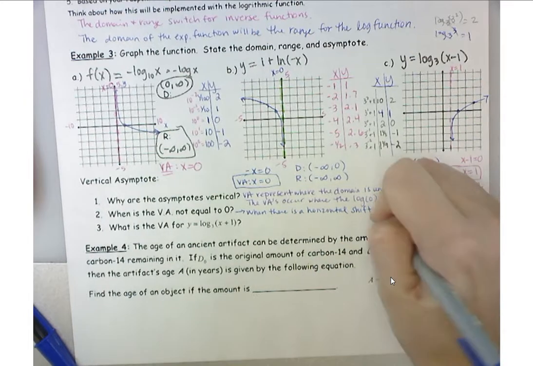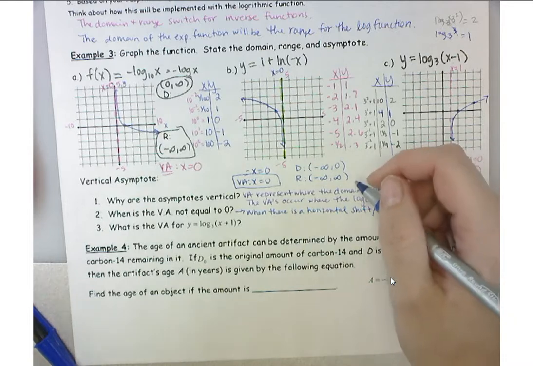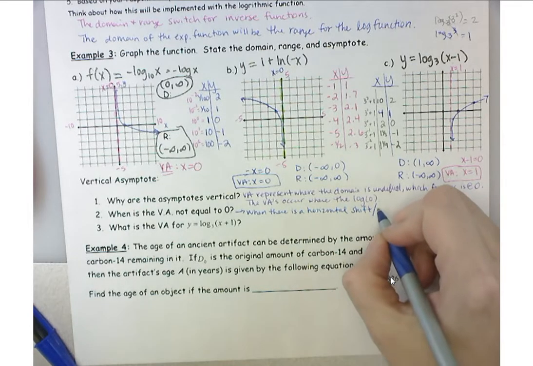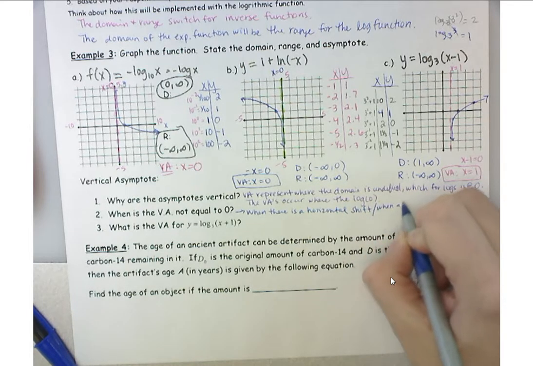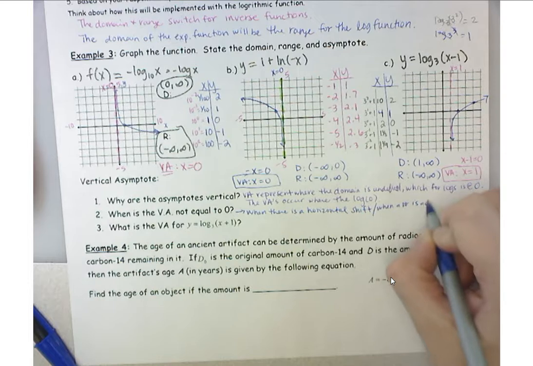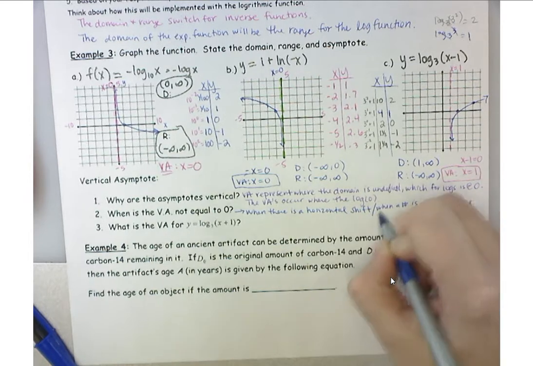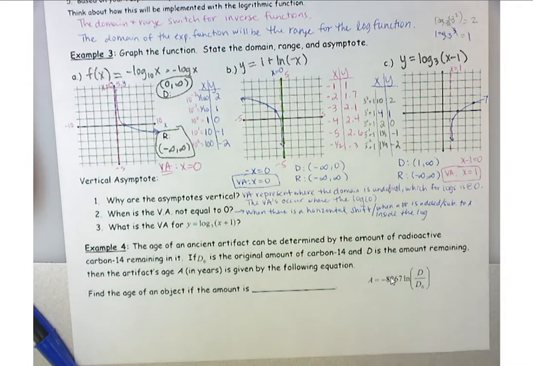Okay, and then if you're looking at it in terms of your equation, you'd have to have a value added to the x inside the log. So when a number is added or subtracted to x inside the log.